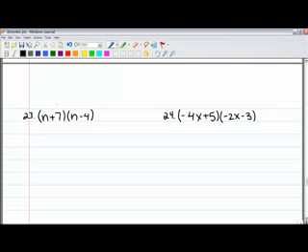Alright. Remember what we've got going on here. You need to take n and multiply by everything in the right set of parentheses. So by the n and by the minus 4. And then you need to take 7 and multiply it by everything over here. So the n and the minus 4. 4 multiplications. Let's look at what happens.